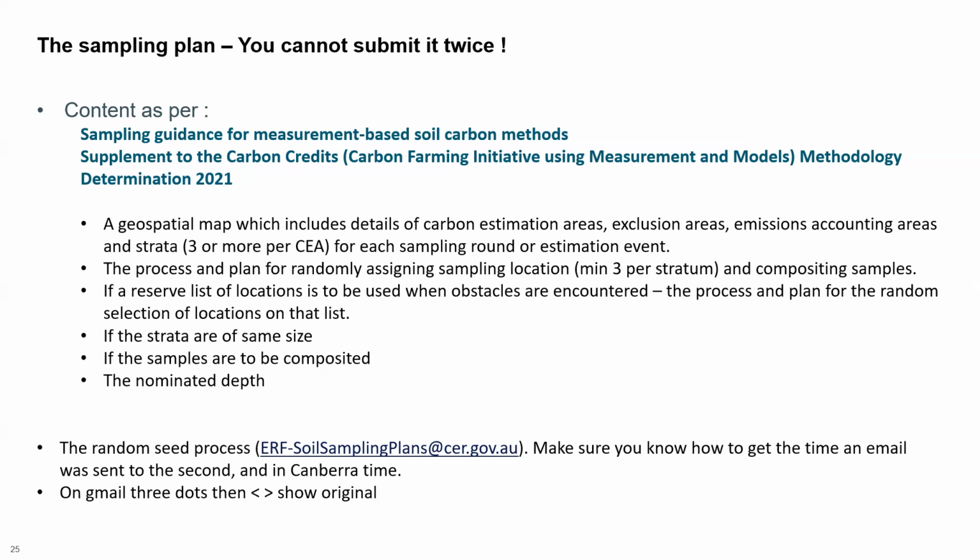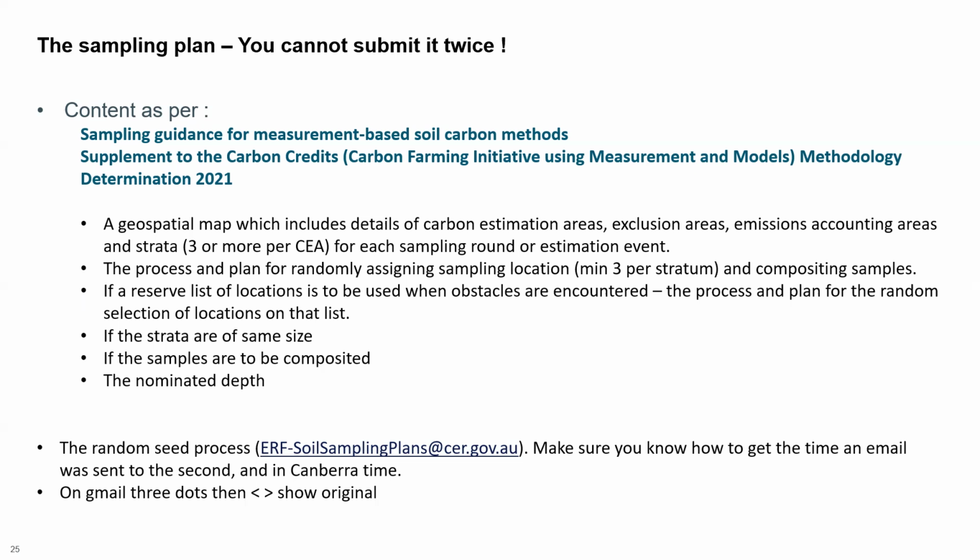And as I said, the nominated depth. The nominated depth is the depths at which you intend to sample. It's a minimum of 30 centimeters and a maximum of 1 meter. It's not necessarily the depths that you want to include as the depths of your evaluation of soil carbon.